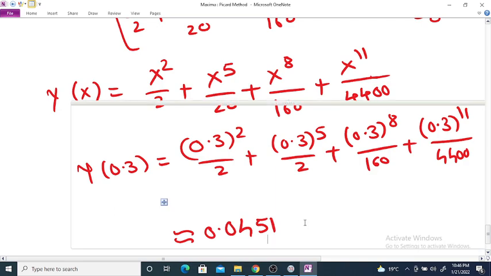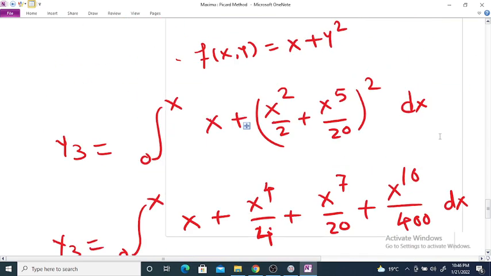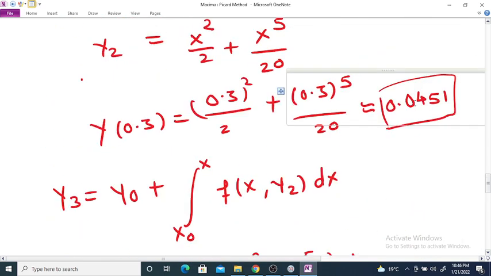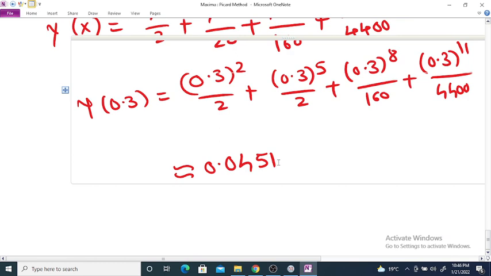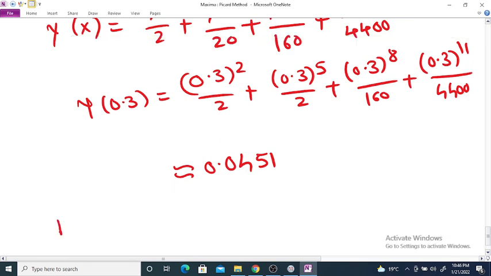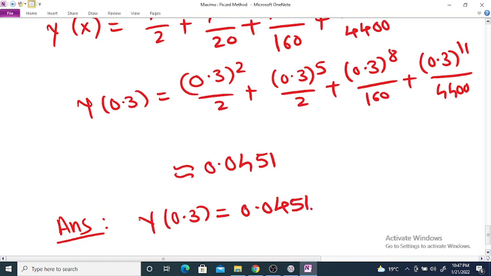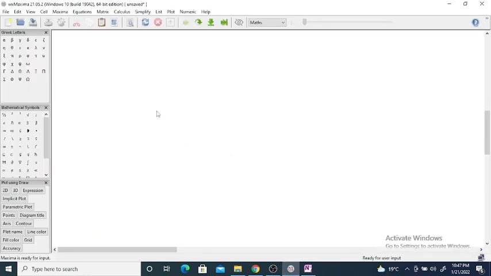So now you can observe the second iteration is also 0.0451 and the third iteration is also 0.0451, and therefore our answer is y of 0.3 equal to 0.0451.